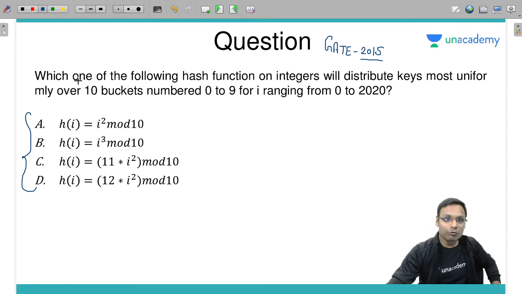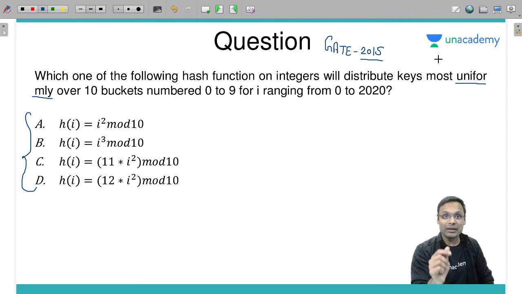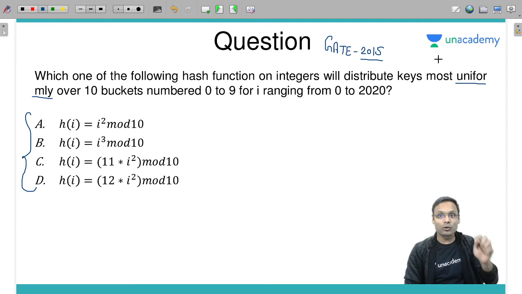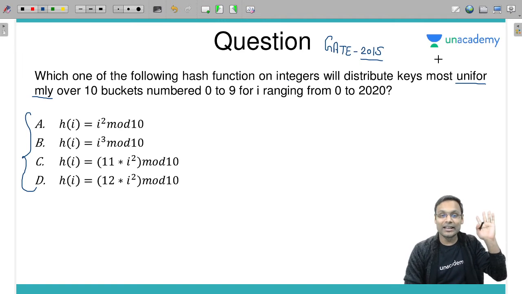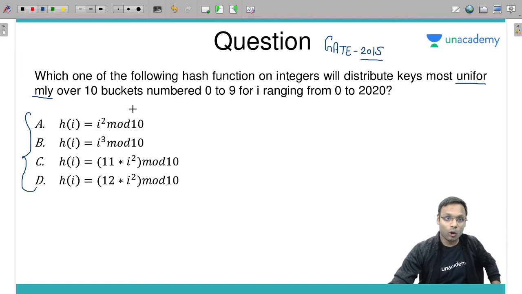चलिए देखते हैं. Which one of the following hash function on integers will distribute the keys most uniformly? What is the meaning of most uniformly? Uniform hashing means सारे locations generate होने चाहिए, all the locations to be generated. Fair hash function over 10 buckets numbered 0 to 9 for I ranging from 0 to 2020.